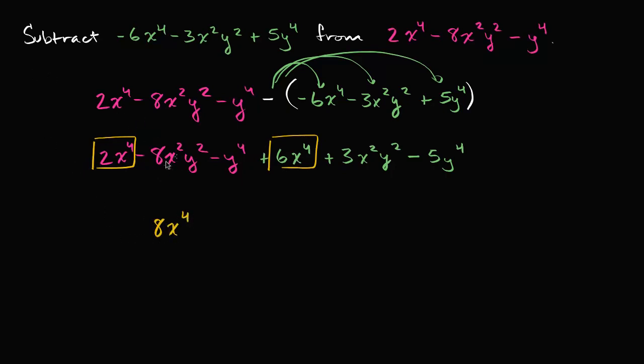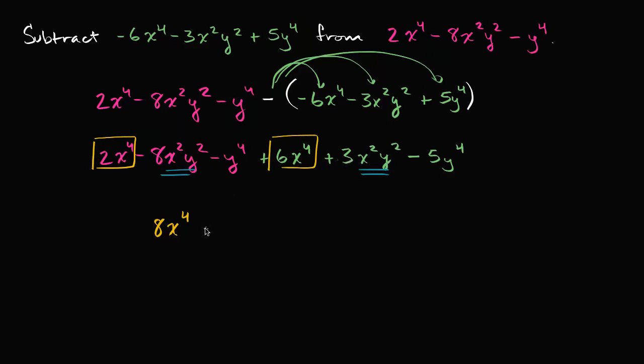And now we have this x squared y squared term. We're subtracting 8 of them, and over here we're adding 3 of these x squared y squared terms. So we could add these coefficients. If we're taking away 8 but adding 3, we could view this as negative 8 x squared y squared plus 3x squared y squared. Well, what's negative 8 plus 3?